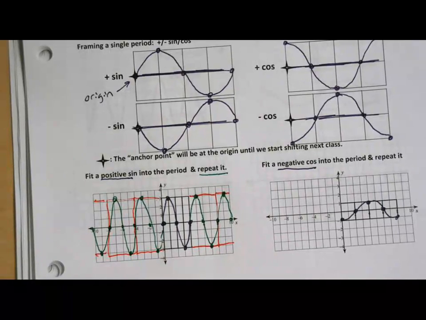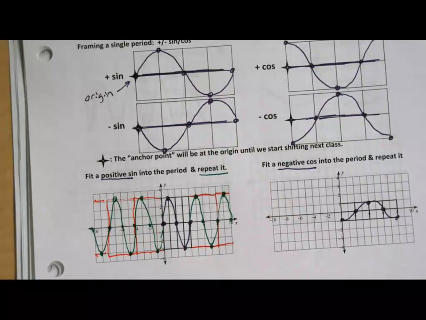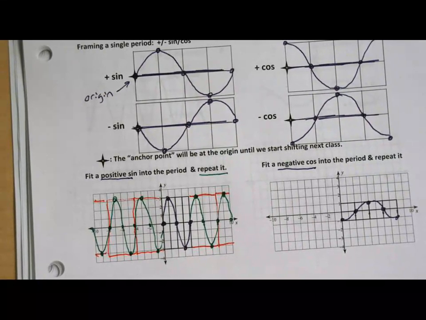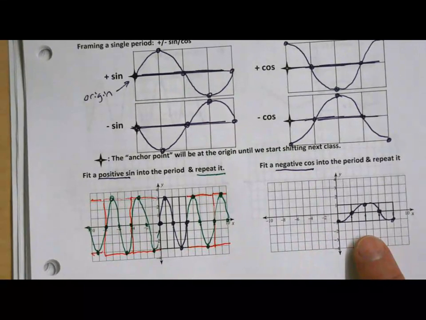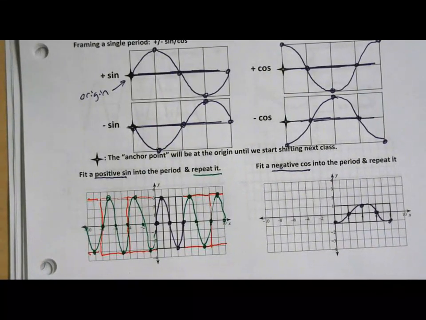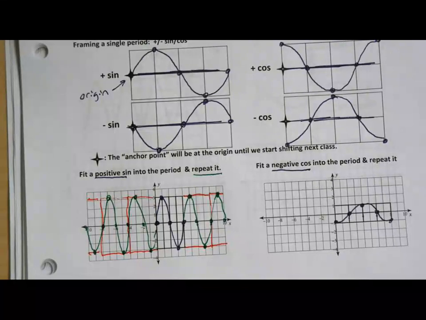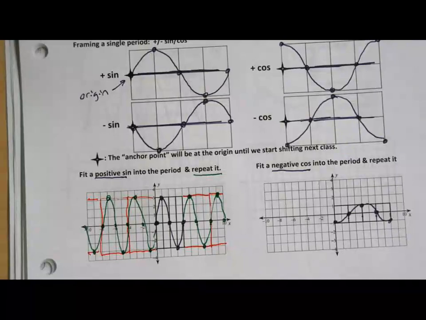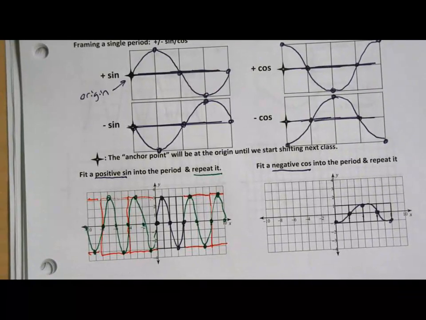So when we start graphing these things, we'll be checking our graphs using a calculator. These are the types of graphs that we're going to see. So you go ahead and do the same thing for this one. This one doesn't need as many copies because it's wider. You're going to come to appreciate when you have a nice long wide period and you have to graph it. It's a lot less work than when it's a really skinny period.